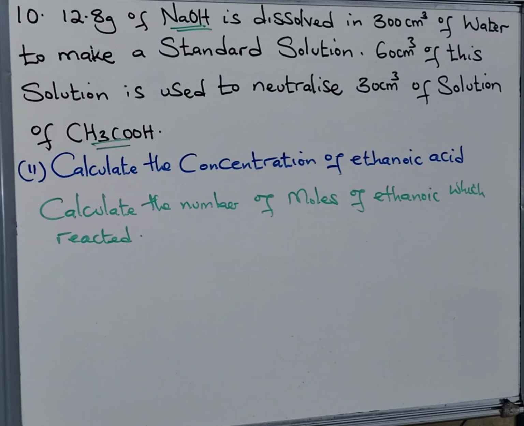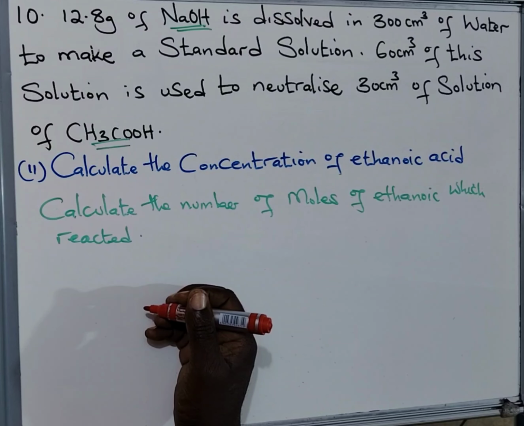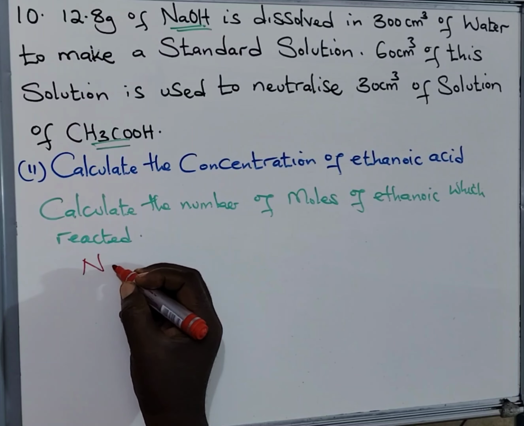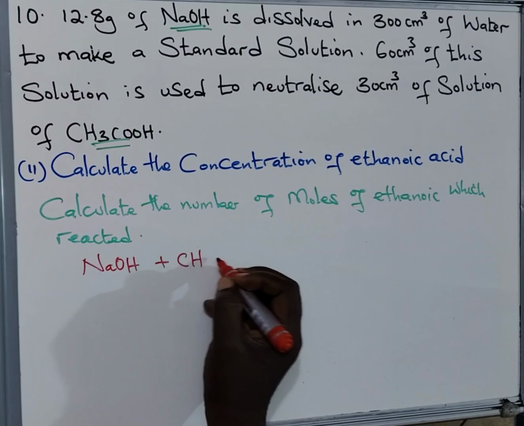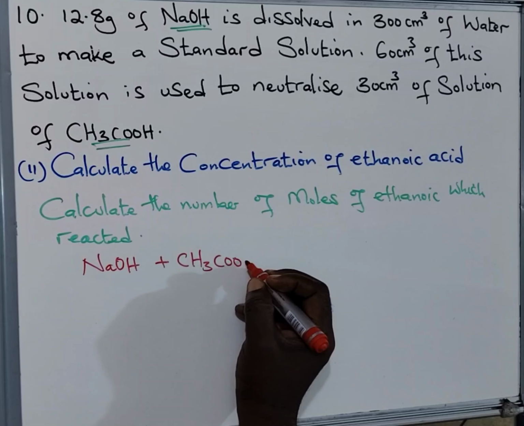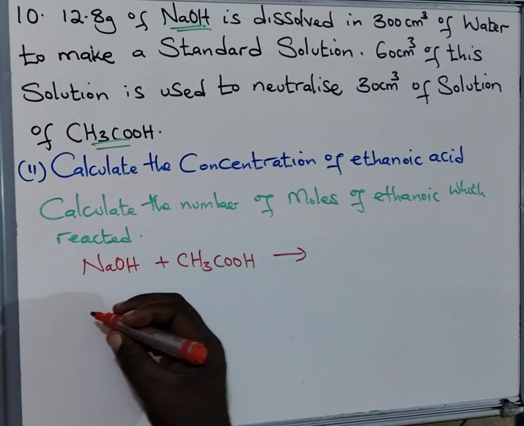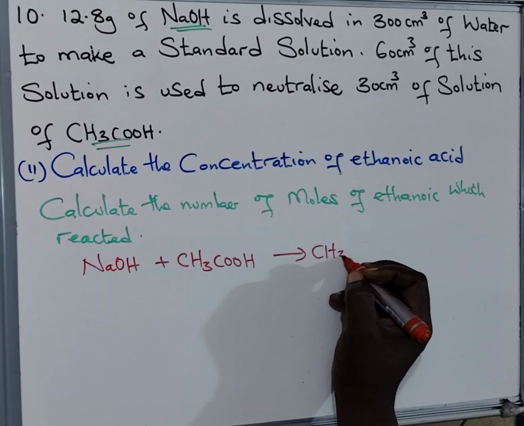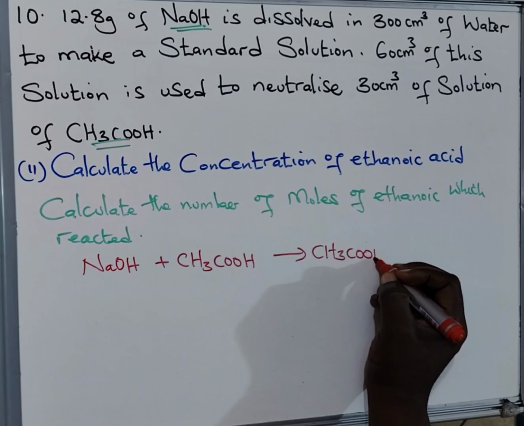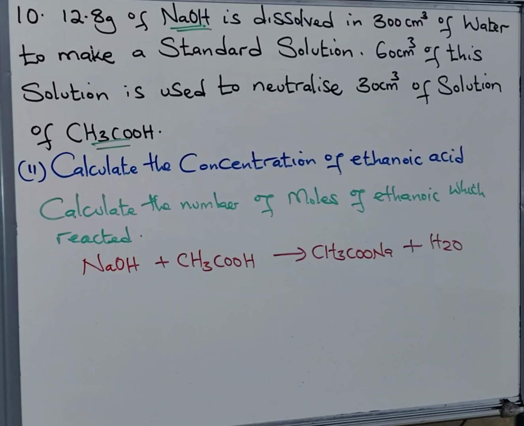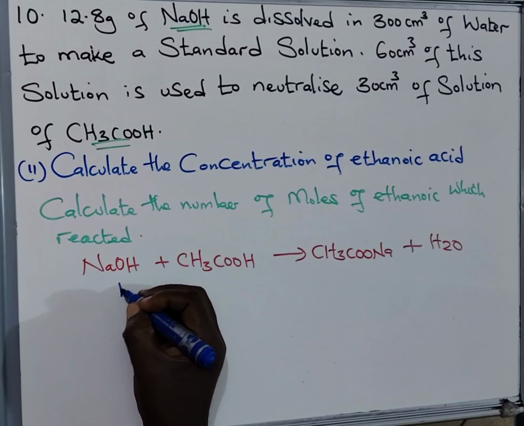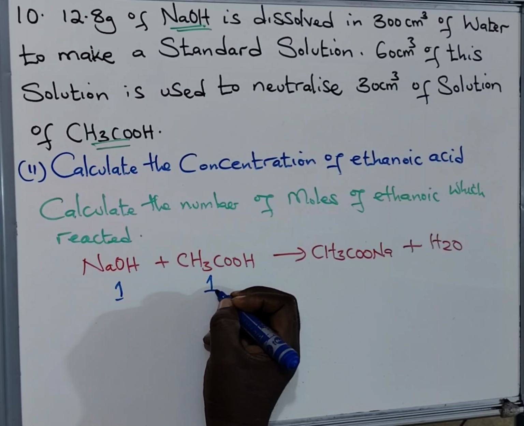The link is through a well-balanced equation. So we're having sodium hydroxide plus our acid. This one will give you the salt, which is sodium ethanoate, plus water. The equation is balanced. So from here, what do you get? The mole ratio. This is 1 to 1.